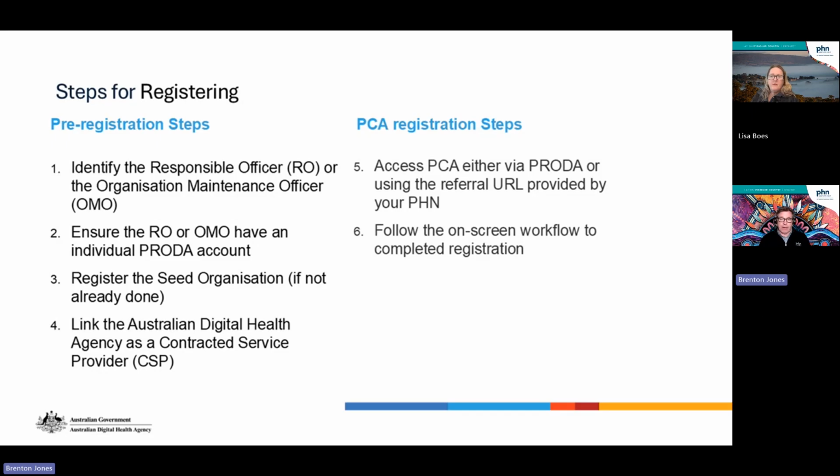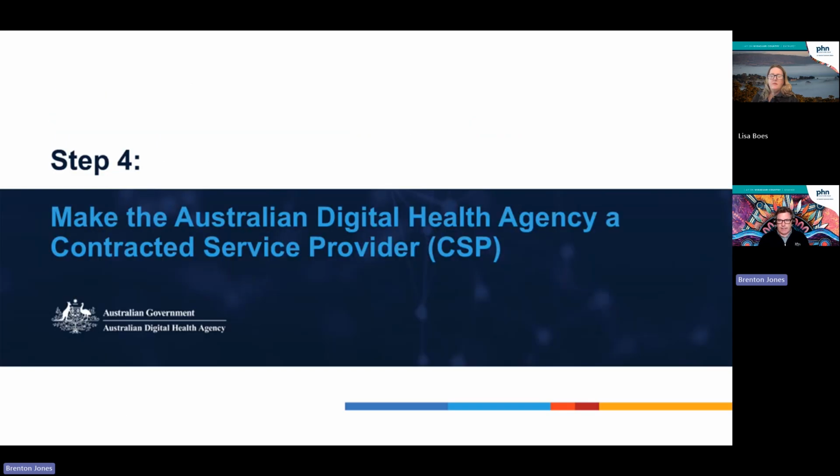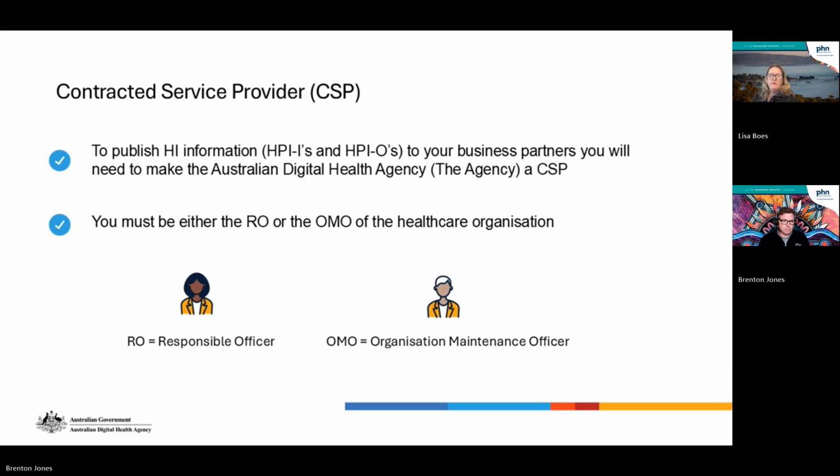Now, in terms of PCA registration steps, you access PCA either via PRODA or using a URL web link. So there's two ways to get access, and follow the on-screen workflow to complete the registration, which we'll kick into right now. Now, after doing all that, step one is we need to go into PRODA HPOS, and we need to make the Australian Digital Health Agency a contracted service provider.